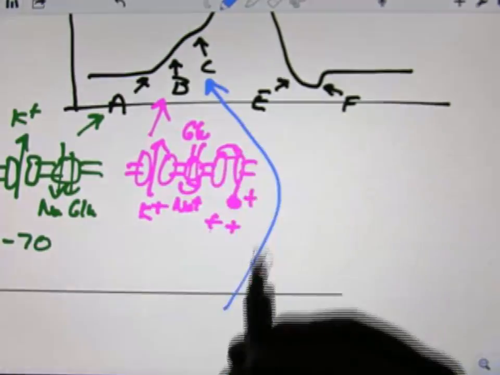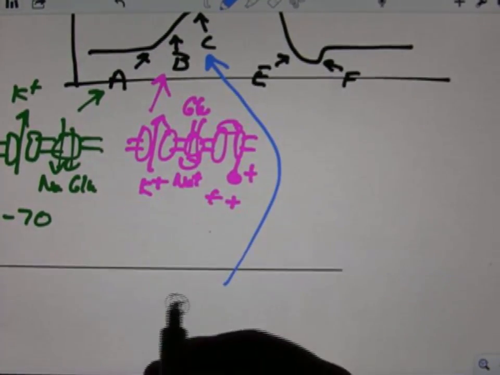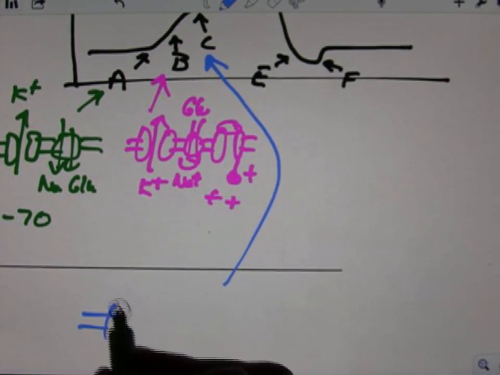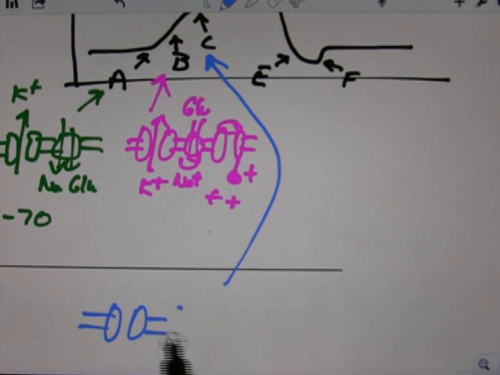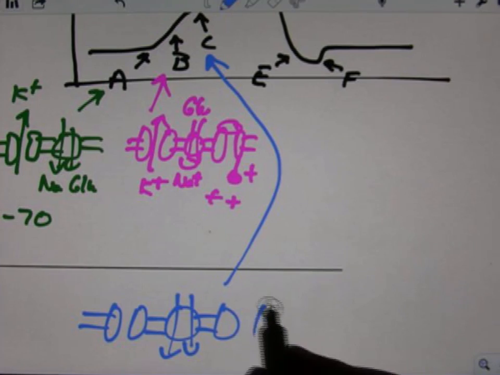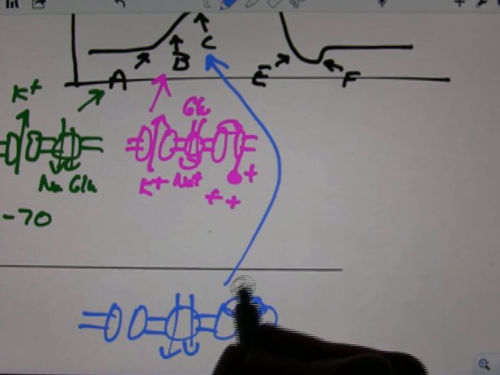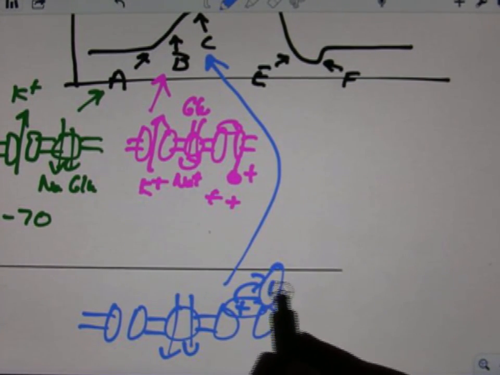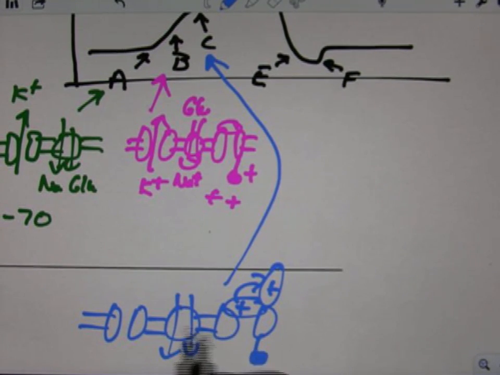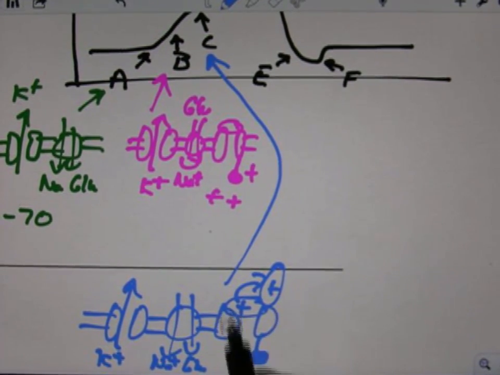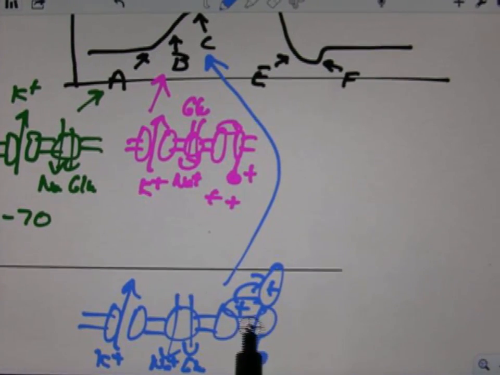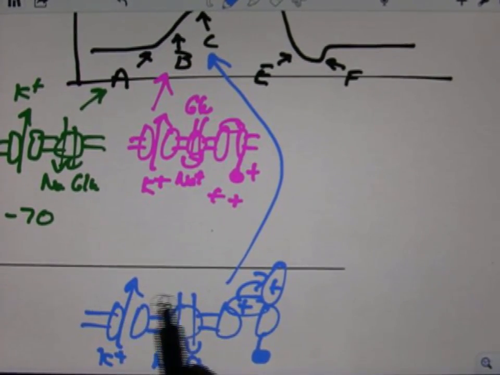At C, we have enough now to pop open the activation gates. So at C, we have some potassium leaving, we have some sodium coming in, we have glucose, but there's a large number of these voltage-gated sodium channels, more than 100 times more than these others.